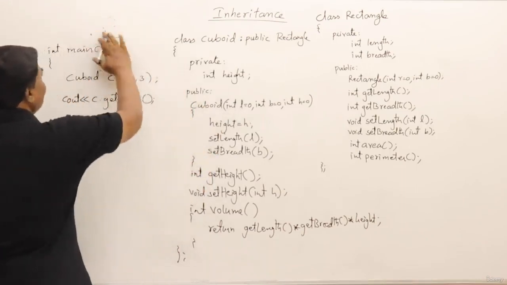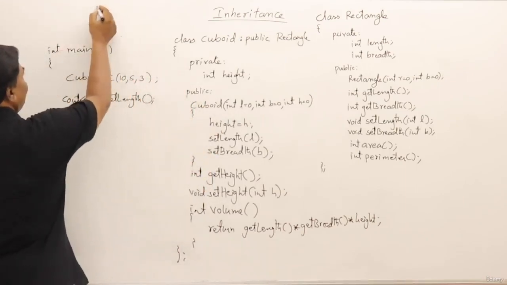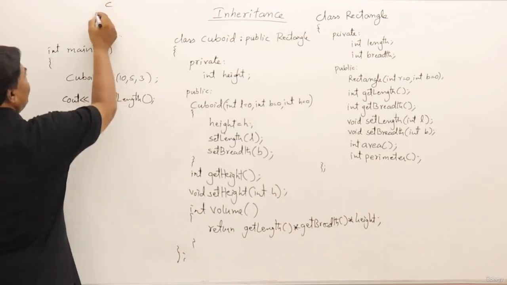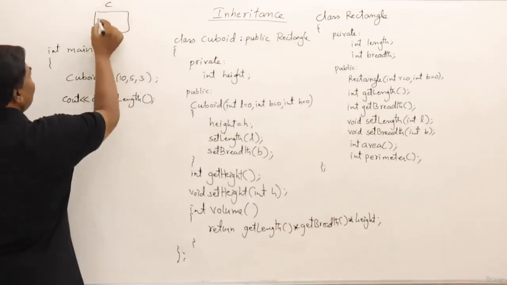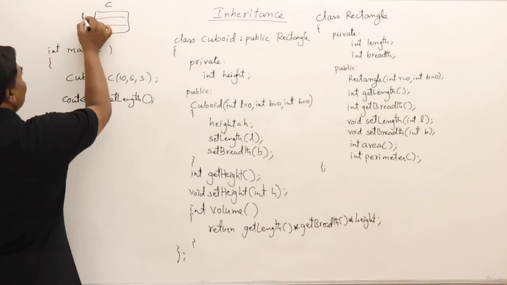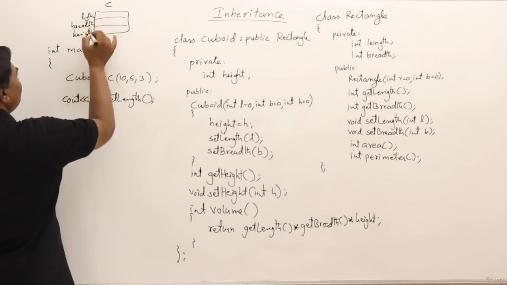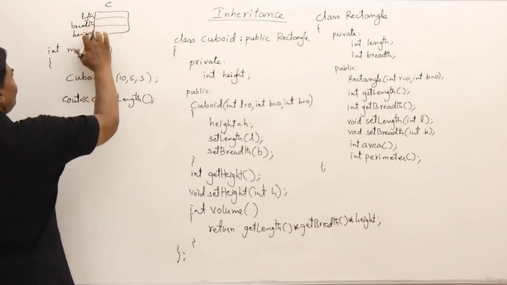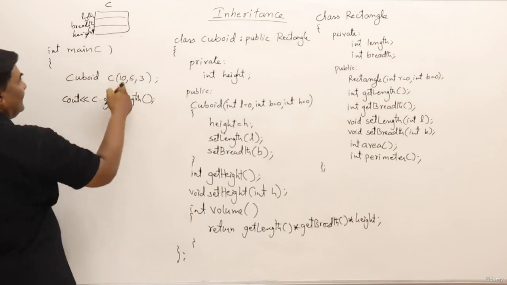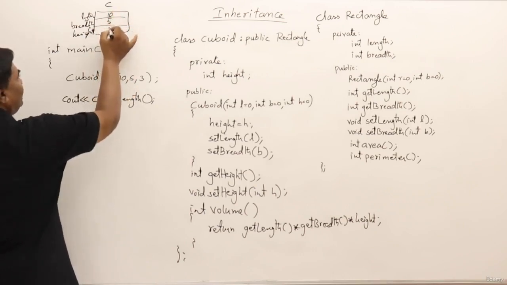So if I show you the members now, when I create an object of cuboid C, then what members is it having? It is having 3 members, that is length, breadth and height. These are the 3 members it is having. 10 and 5 and 3.